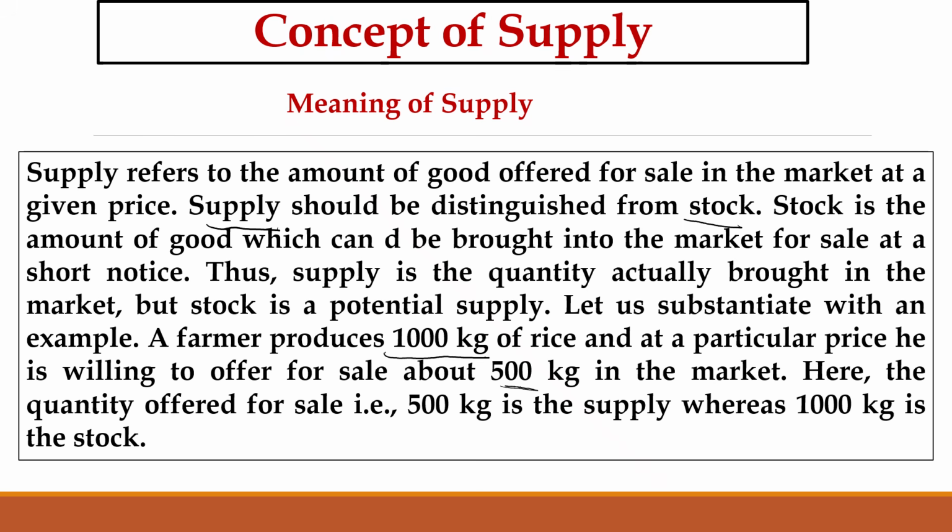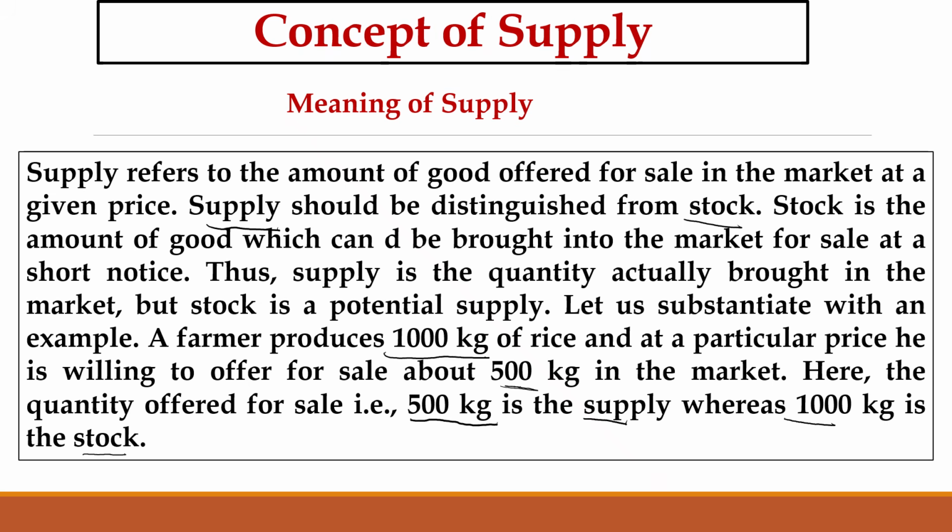So the quantity which is offered for sale, how much is he selling? 500 kg. This 500 kg which he is offering for sale in the market is called supply, whereas the 1000 kg which he has produced is called stock.